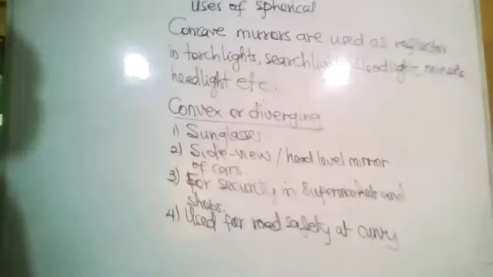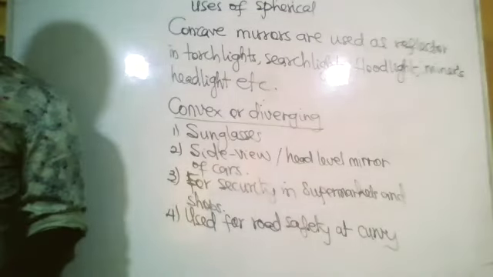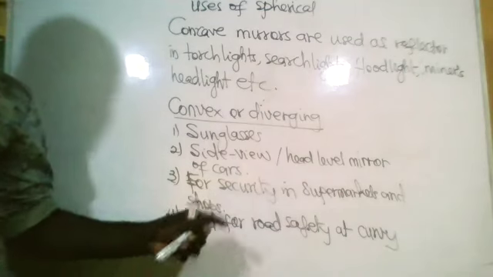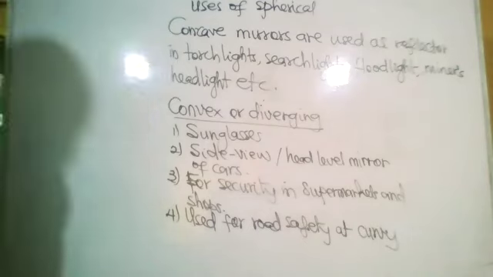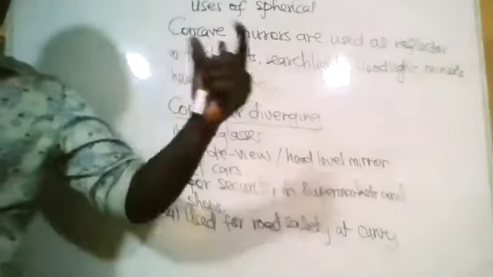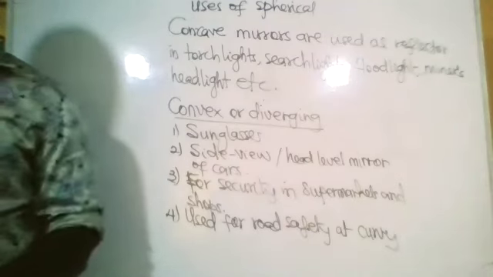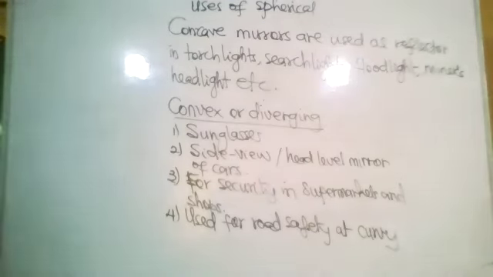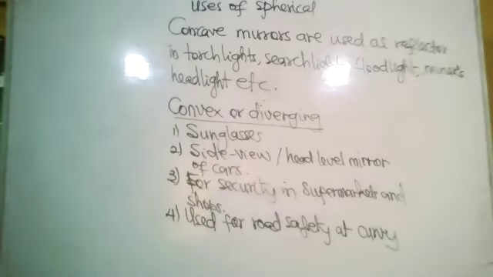Where the road network is so curvy, as you enter through the curve or at advantage points, convex mirrors are mounted so that road users can have a better view, especially at their back, so that you can easily see when there is an oncoming car and all that. So these are some of the few uses of convex mirrors. Any question?